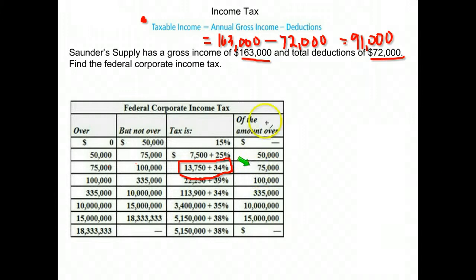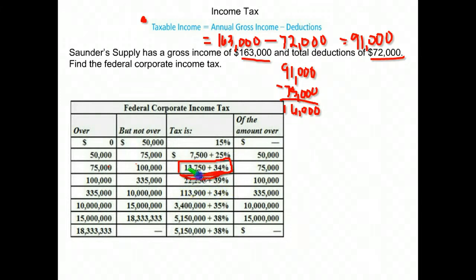So how this is going to work is first I'm going to find out how much I was over 75,000. I take the $91,000 minus 75,000 so that I know how far I was over the 75,000 mark, and I was $16,000 over.